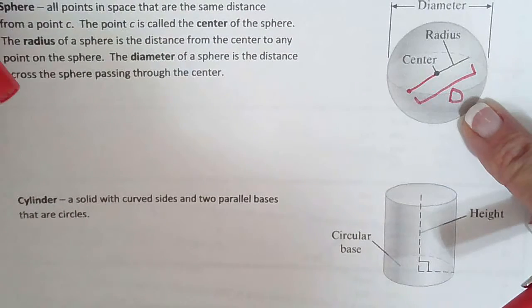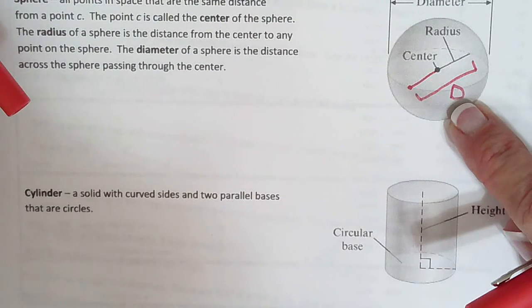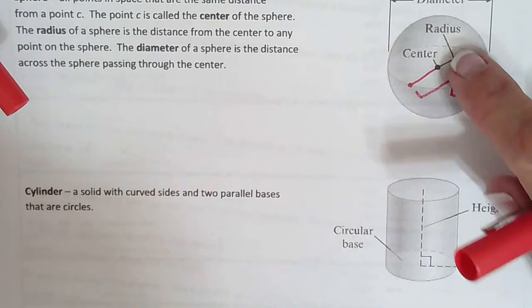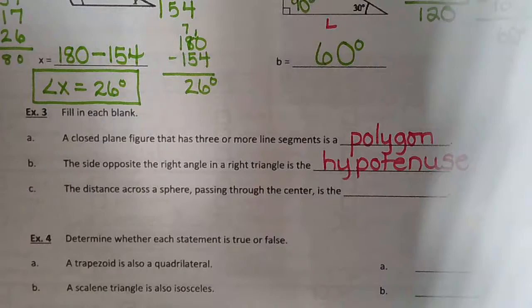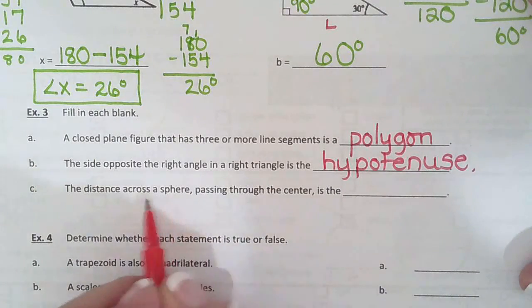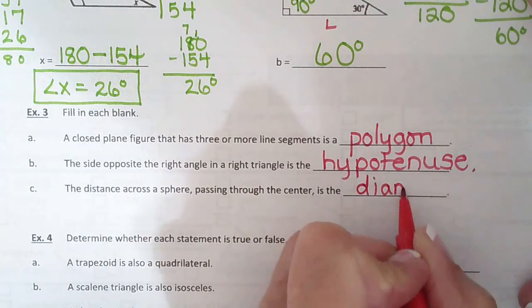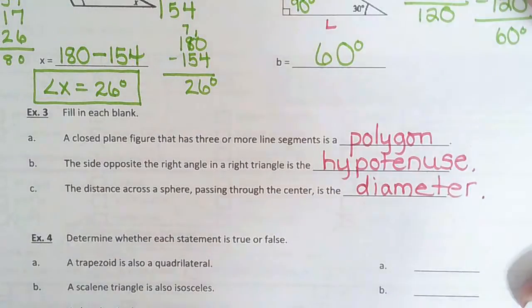So they share that vocabulary. 2 radii equals 1 diameter, or a radius is half of a diameter, however you want to think about it. So the distance all the way across a sphere, passing through the center, is the diameter, just like a circle. So that's nice. You don't have to remember any new vocab there.